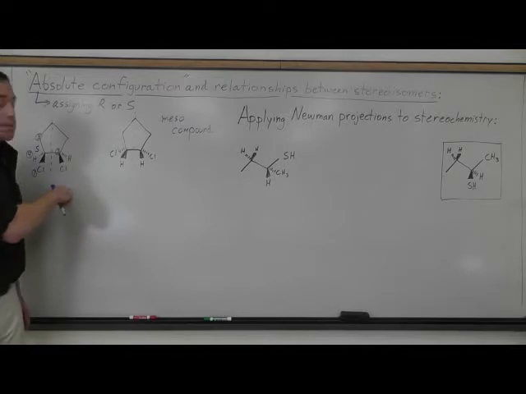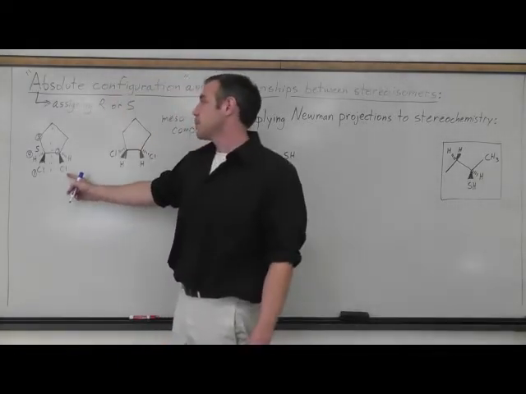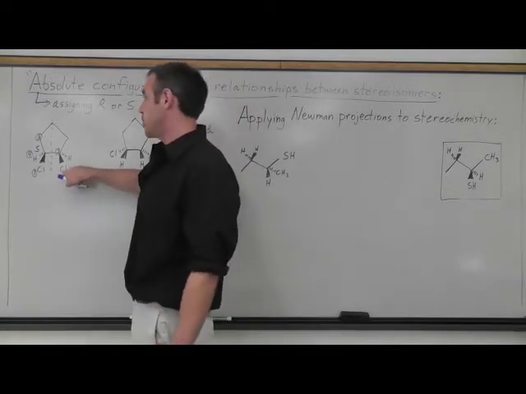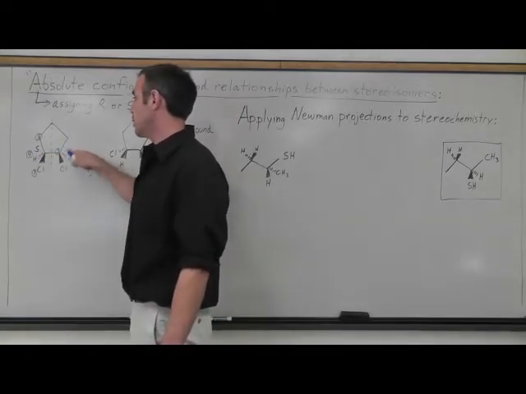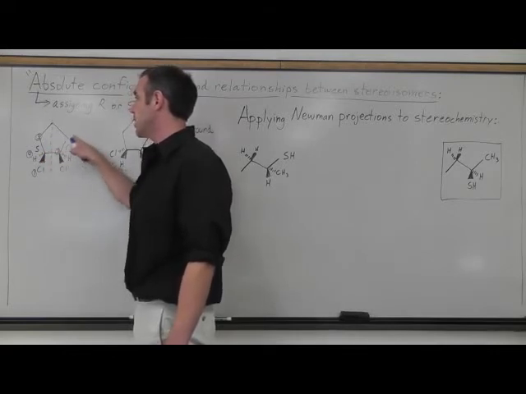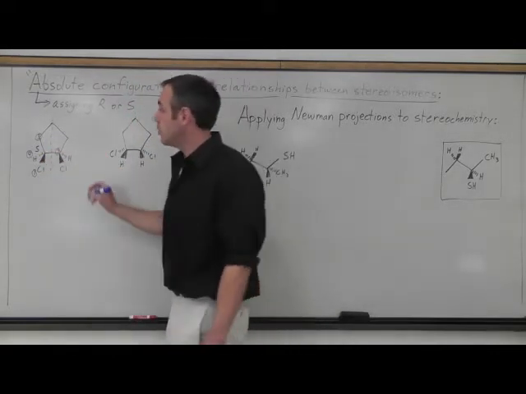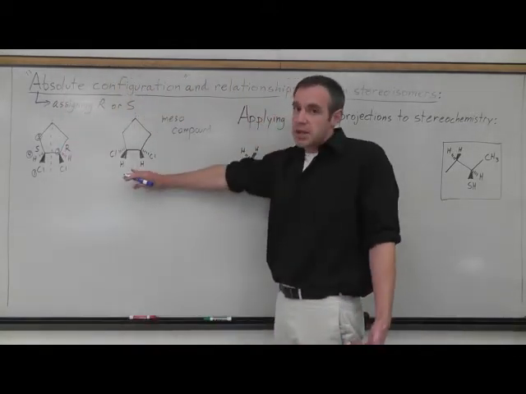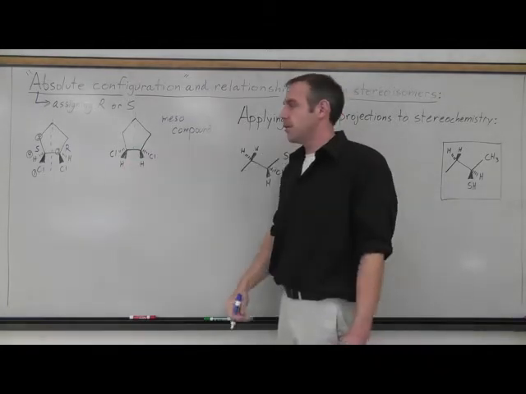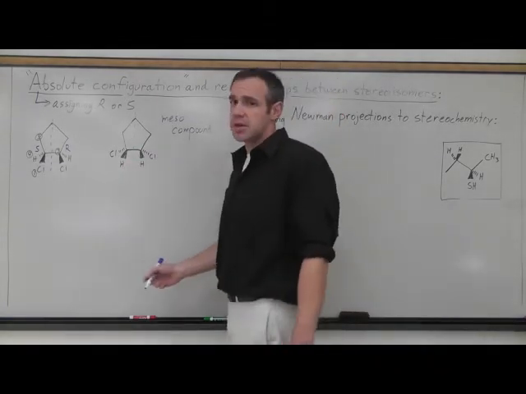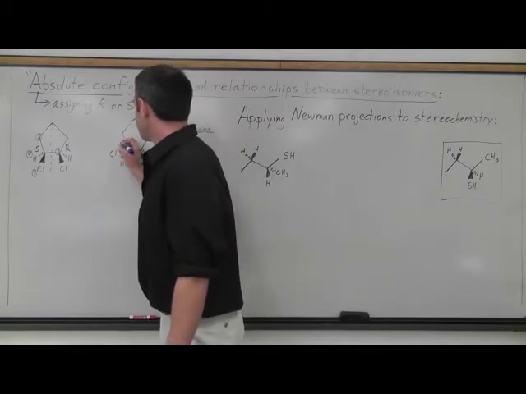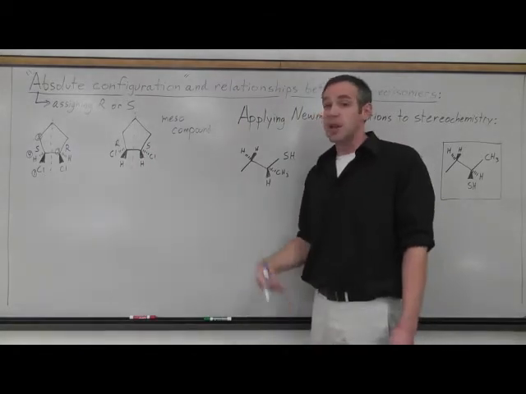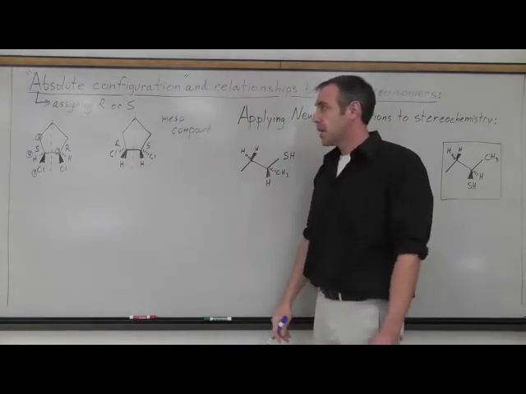The priorities will be similar on the other carbon. And so we can go ahead and look at this one. Priority number 1, priority number 2, priority number 3. And so we're going in a clockwise manner. The fourth priority group is oriented away from us. And so this one is R. If we look at the other view of the compound, what could have been an enantiomer but turned out not to be, we would assign the stereocenters the opposite way since we had inverted them.